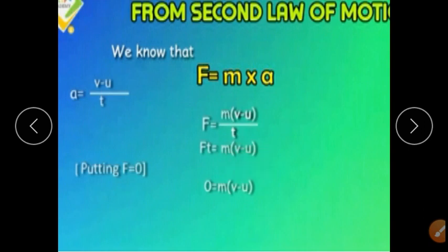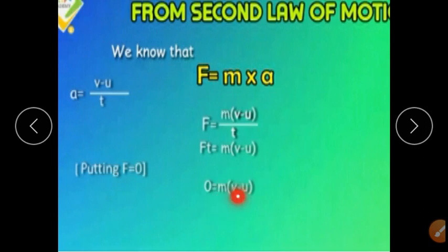Suppose the force is equal to 0. Therefore, here LHS will become 0 into T. If F is equal to 0, it will become 0 into T equal to 0 itself equal to mass into V minus U. If mass into V minus U is equal to 0, you know mass never can be 0.